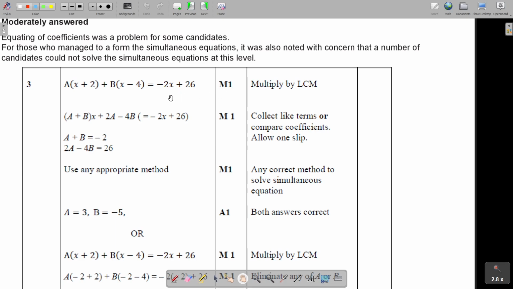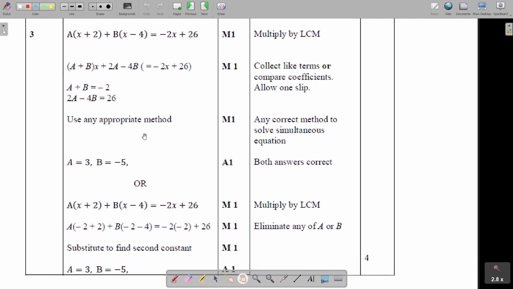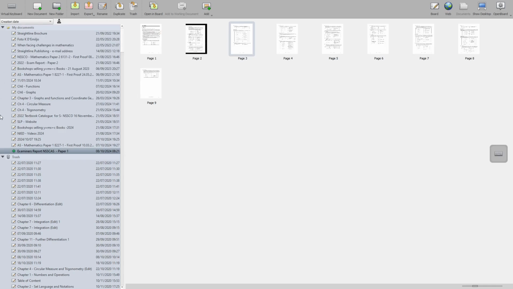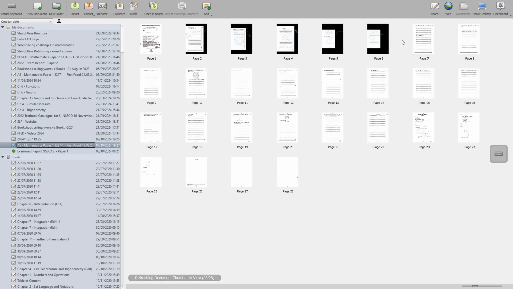Okay, so if you, by getting that first step after the fractions, you also got already 1 mark. And then by taking out x as a common factor, the second mark, and then any method to solve it, and then you get your value of a and your value of b. Maybe we can just go back, and I can just show you the marks again.